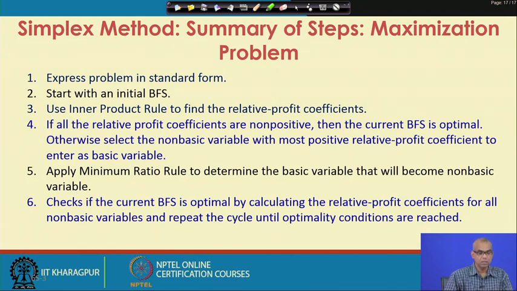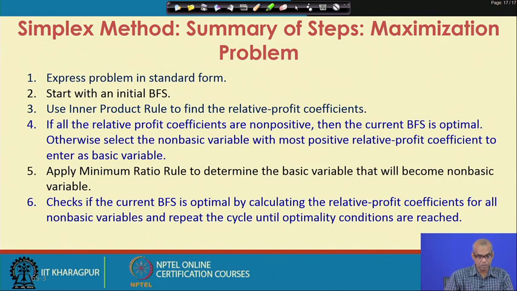So, basically you first express the linear programming problem in its standard form, and then you start with an initial basic feasible solution. We have to find out the relative profit coefficients using inner product rule for all non-basic variables. The non-basic variable with most positive relative profit coefficient will enter as basic variable, and we apply minimum ratio rule to determine which basic variable will be converted to non-basic variable.